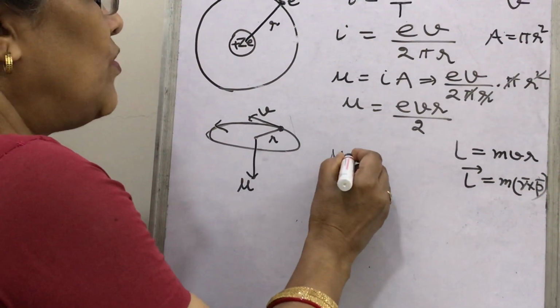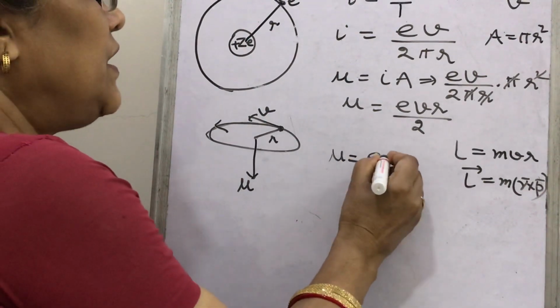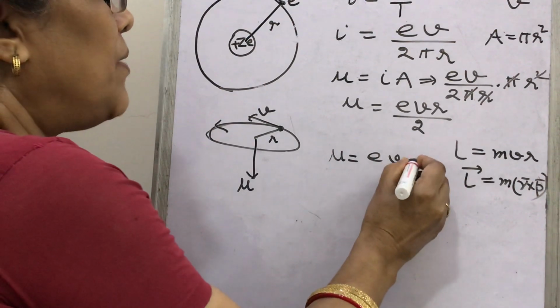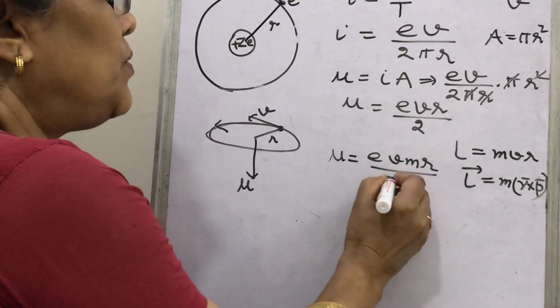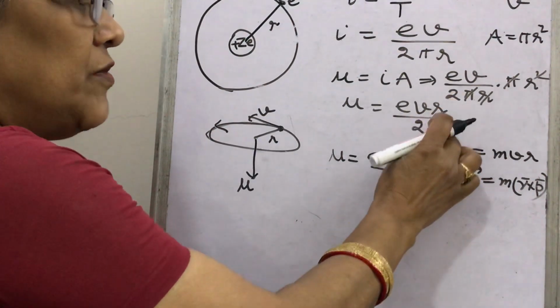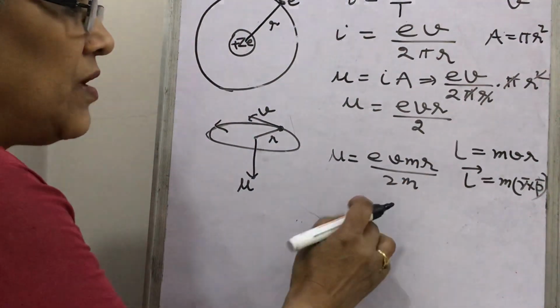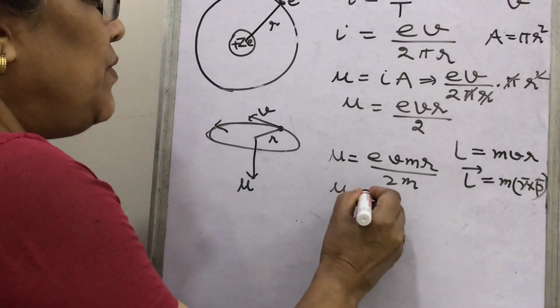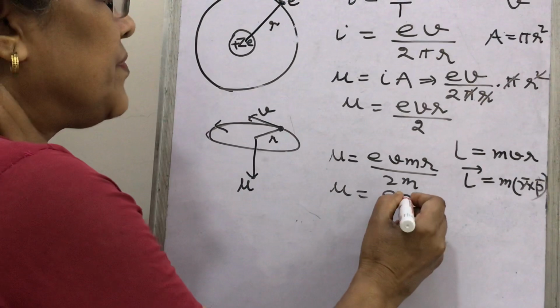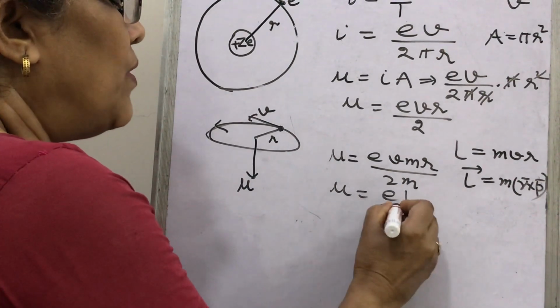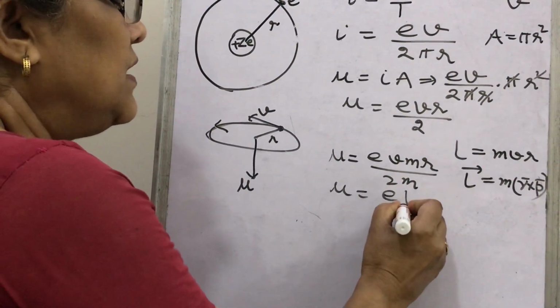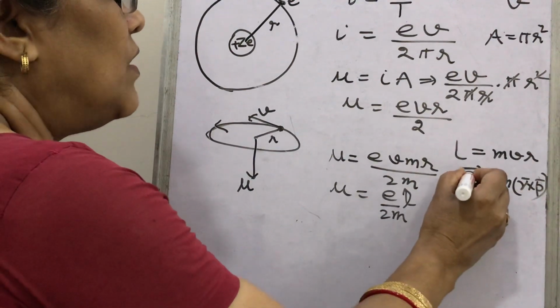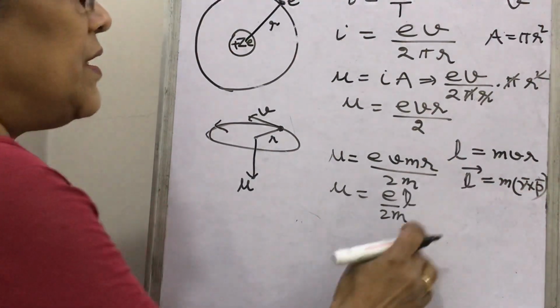So, the magnetic moment can be written as e v m r upon 2m. What has been done? Divide and multiply by m. So, you can write mu equal to e L upon 2m. This L is called angular momentum.